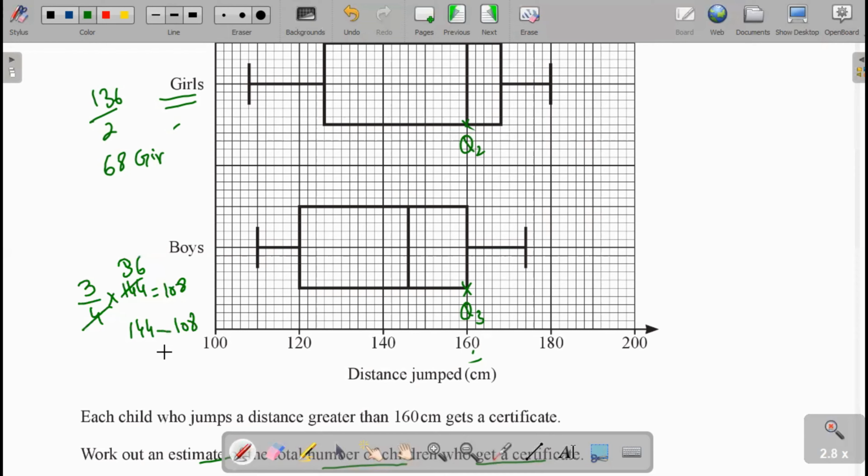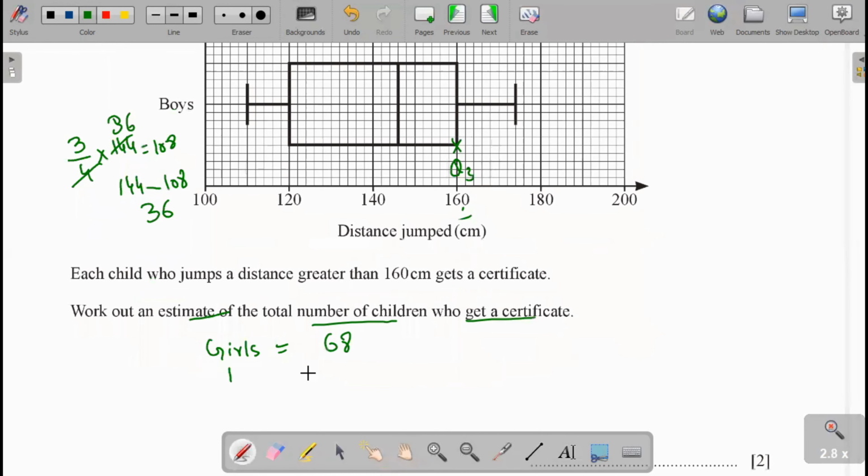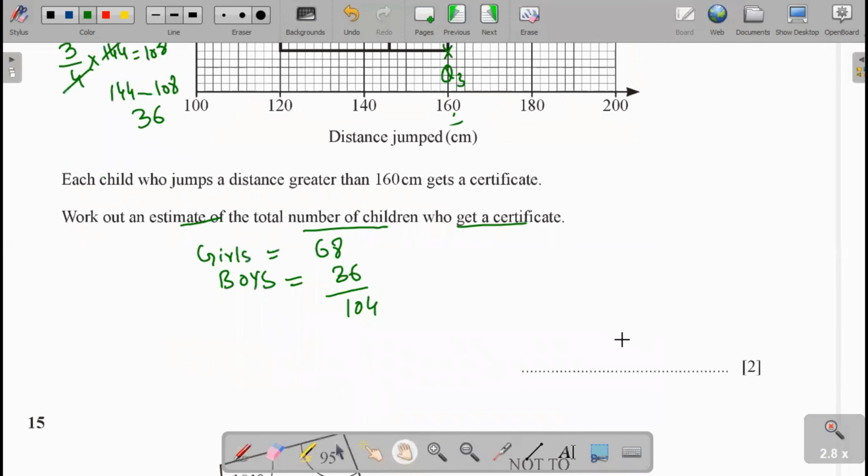Now the answer is 36. Therefore, the total number of children who jump more than 160 centimeters: the girls are 68 and boys are 36. Therefore, the answer is 104 boys and girls who jump more than 160 centimeters.